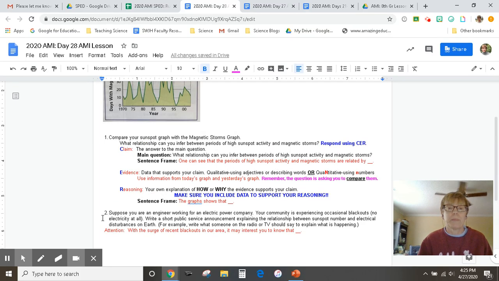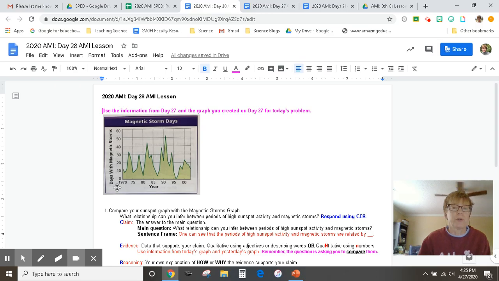So let's go up and look at today's new graph. So on the x-axis, remember that's the one that goes left to right. That's where your independent variable is. That's the one I can change. So it's the year. So we can change what years we're looking at. That's why that's the independent variable on the x-axis.